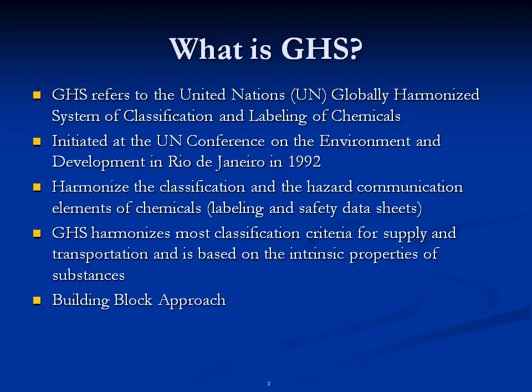The system does consist of a building block approach. It sounds more complicated than it really is. But what that means is that there are different elements of the GHS. Labels are an element, safety data sheets are an element. Also, the classification criteria itself, in each of the hazard classes and categories, are considered building blocks. So the competent authority in each country or region makes the decision exactly which building blocks they're going to adopt for their system.